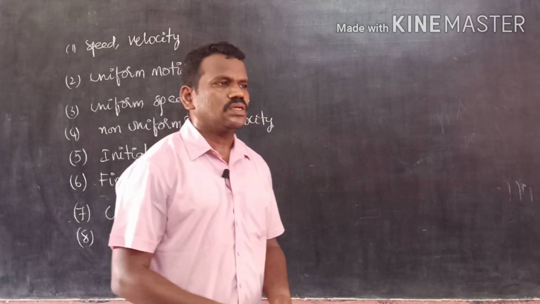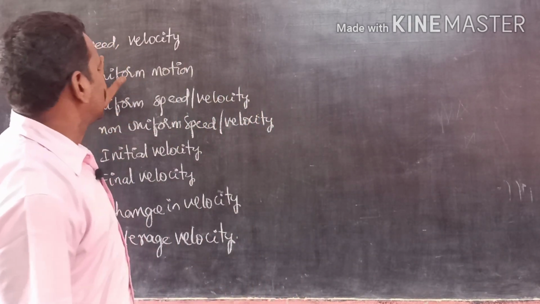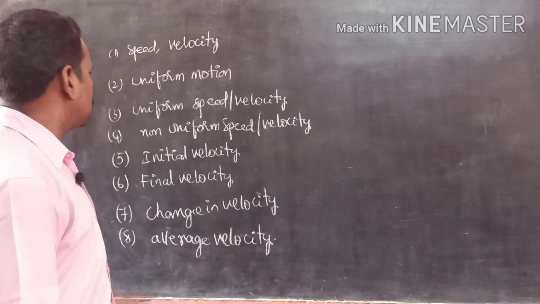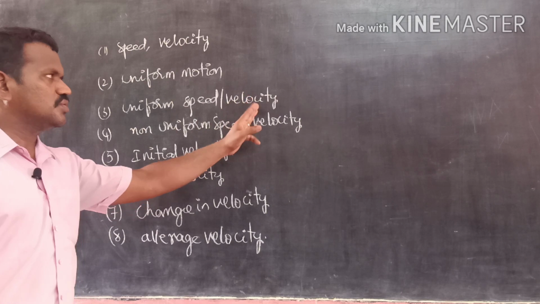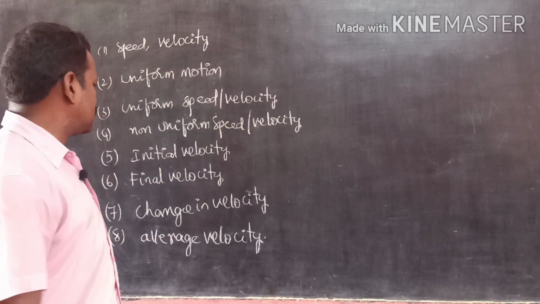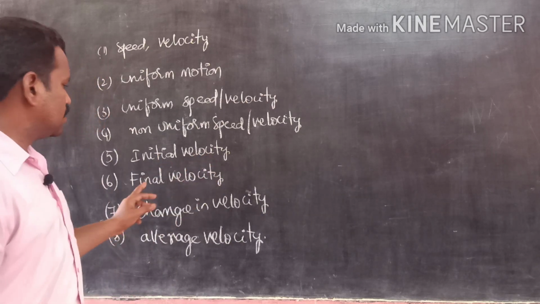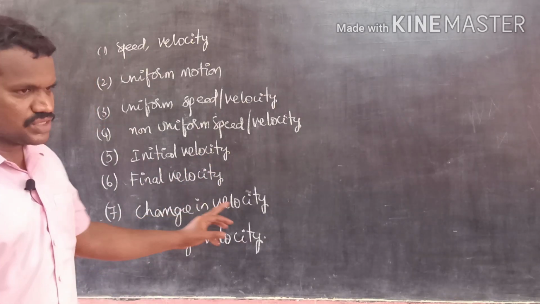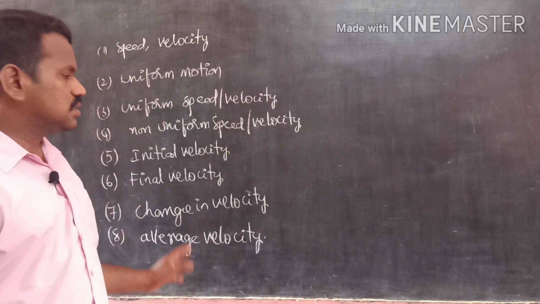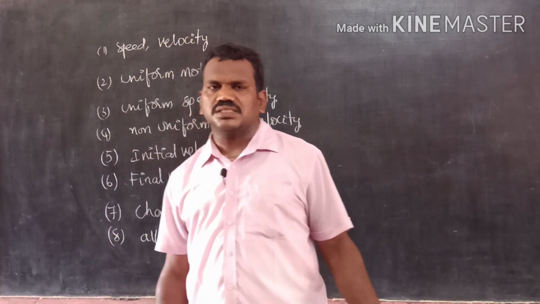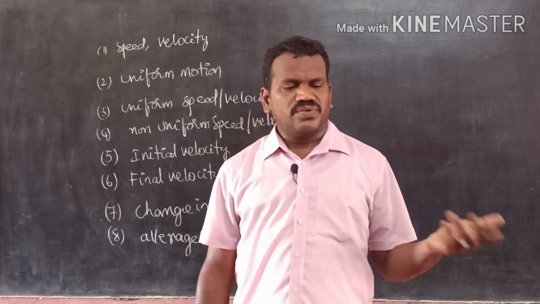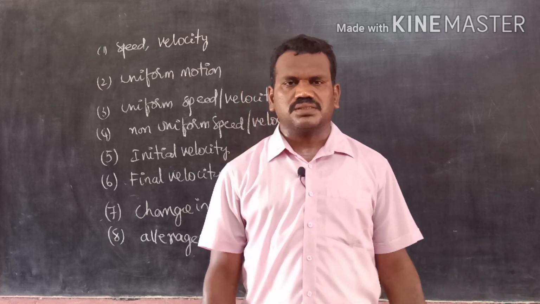In this module, let us discuss the differences between speed and velocity, uniform motion, uniform speed and uniform velocity, non-uniform speed and non-uniform velocity, initial velocity, final velocity, change in velocity, and average velocity. Why? Because these are all the terminology we are going to use in kinematics, and they are very important concepts in kinematics also.